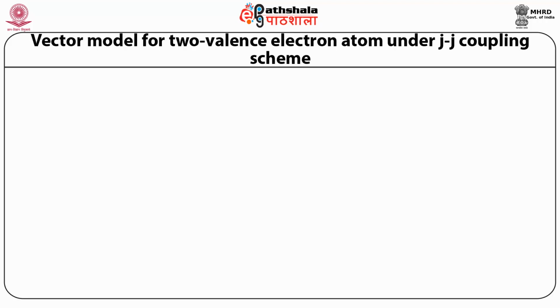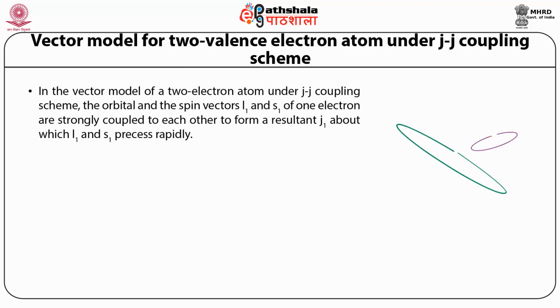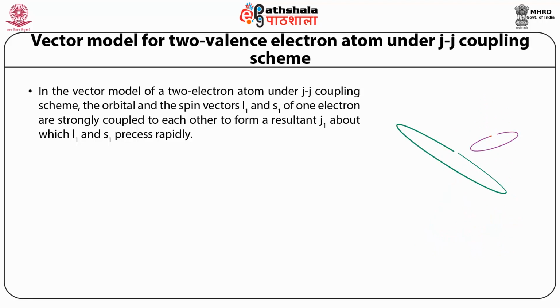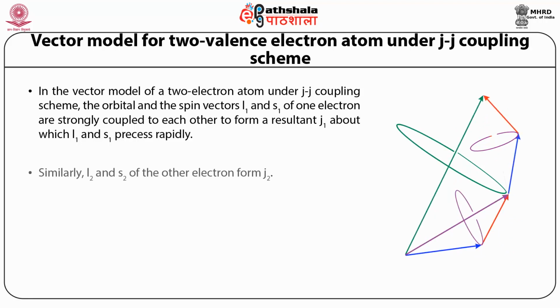Now again there is a vector model for the two electron atom under the JJ coupling scheme. In the vector model of a two electron atom under JJ coupling, the orbital and spin vectors L1 and S1 of one electron are strongly coupled to each other to form a resultant J1 about which L1 and S1 precess rapidly. The figure depicts the same. Similarly, L2 and S2 of the other electron form J2.